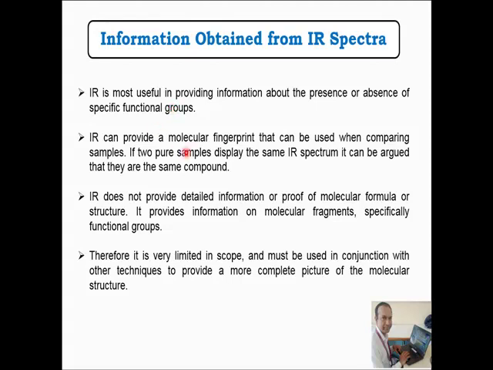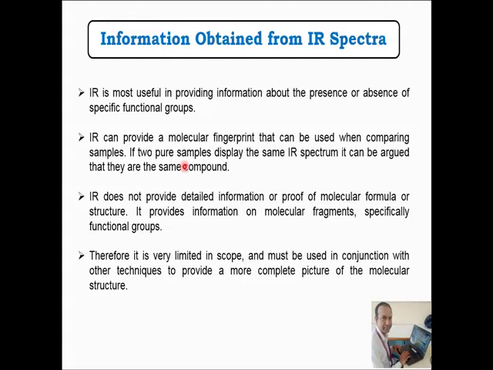IR can provide a molecular fingerprint that can be used when comparing samples. If two pure samples display the same IR spectrum, it can be argued that they are the same compound or they have the same type of functional group.